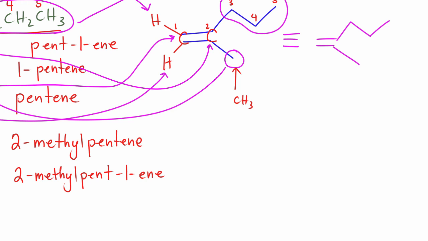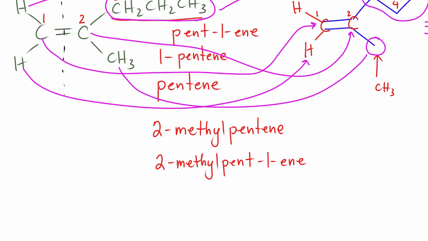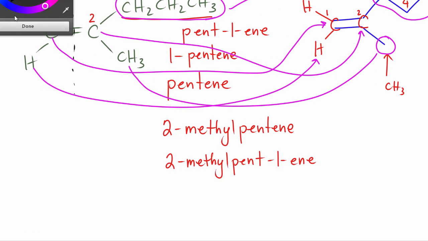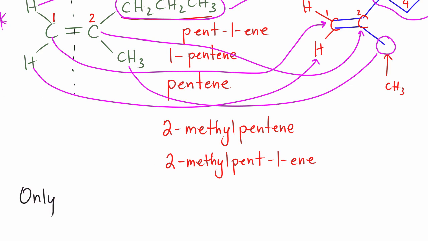So this is how far we can go with cis-trans isomers. And we need to know that it only works for simple systems. And you must have something that is at least disubstituted.